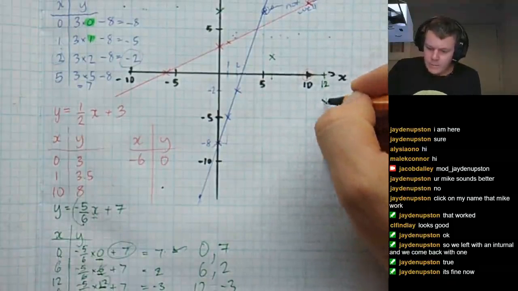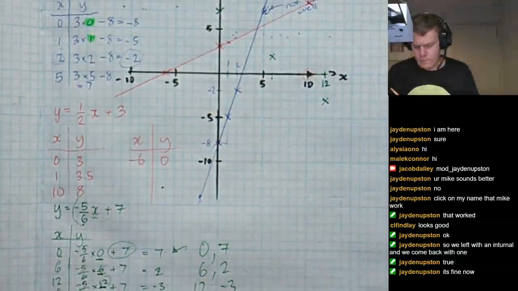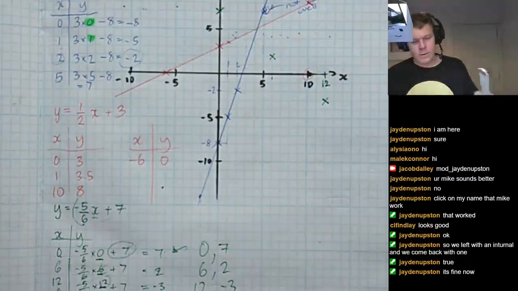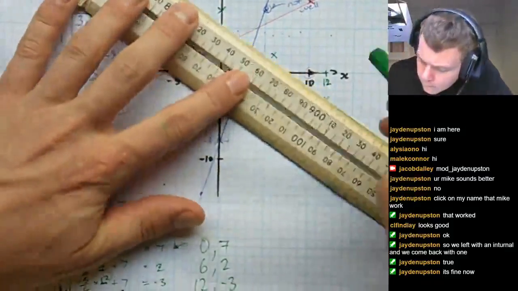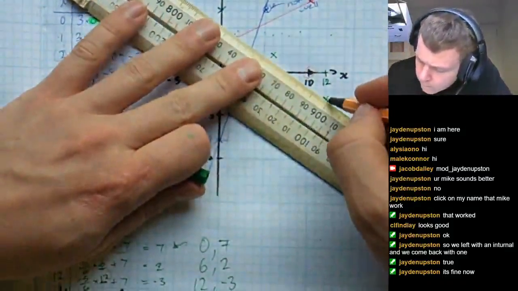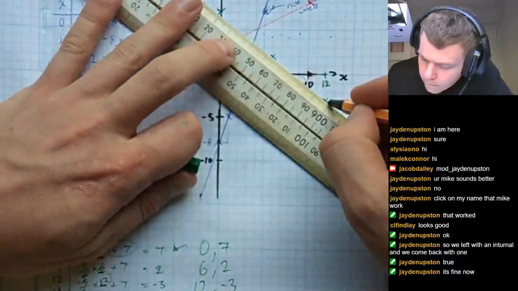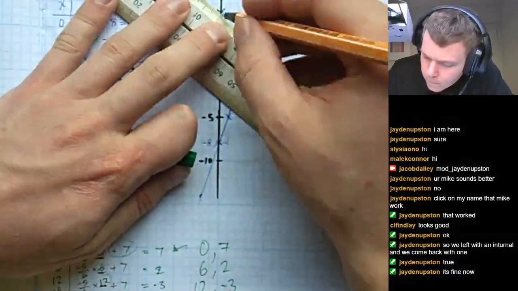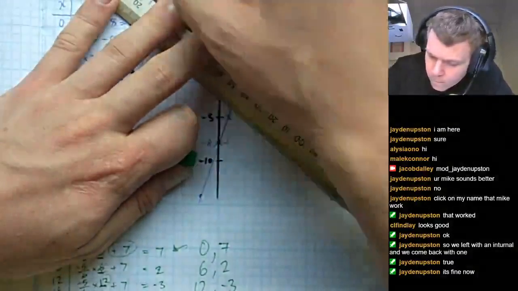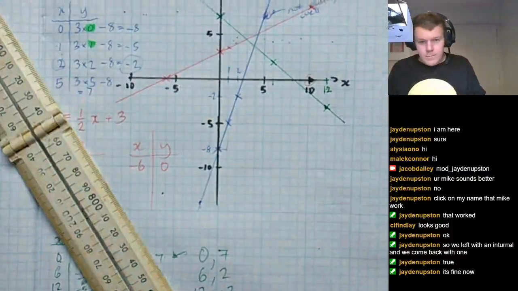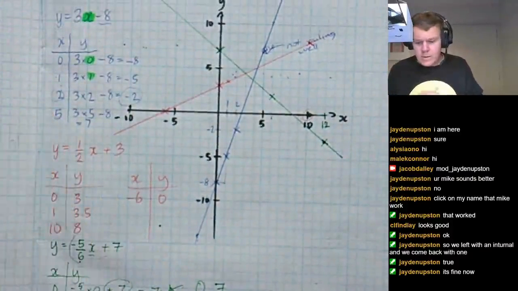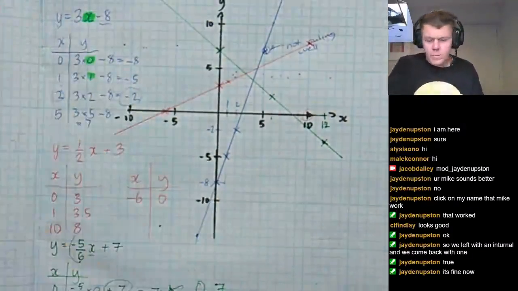So down 3, there. Okay. Now if we roll those up. There we have it. -5/6x + 7.